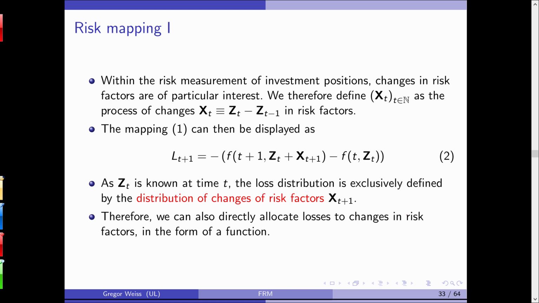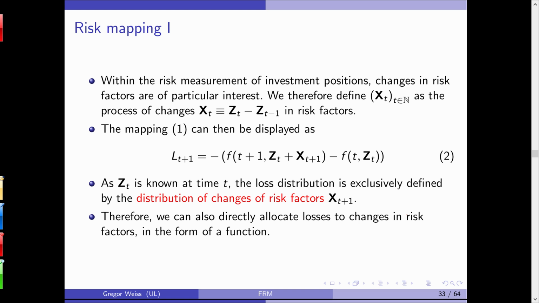And if we include this, we can see that the mapping from equation 1 can be written as the loss, the future loss, is given by minus the risk mapping in t plus 1 with zt plus the change in the risk factors minus the risk mapping of t and zt.